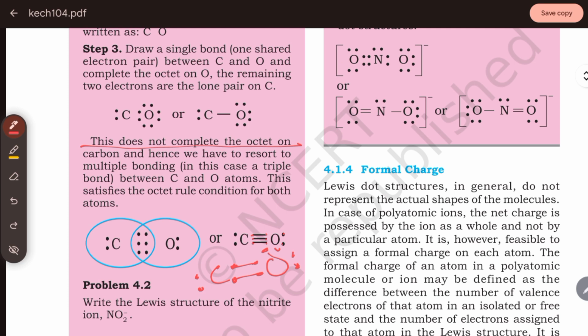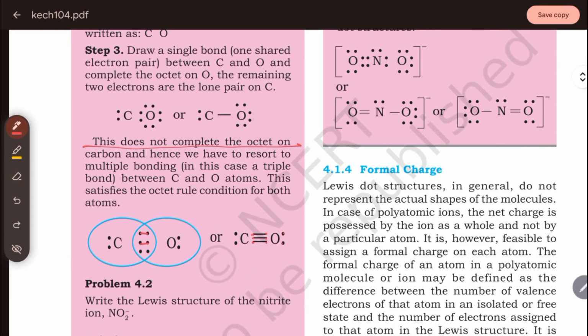Oxygen is getting octet: 6 electrons and 2 electrons from here. And carbon has how many electrons? 4 valence electrons, right? So 4 plus 2, 6. So it is actually not getting octet here. So you don't have any other way rather than forming a triple bond.